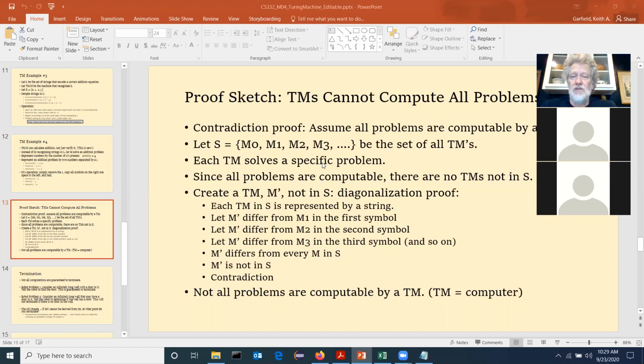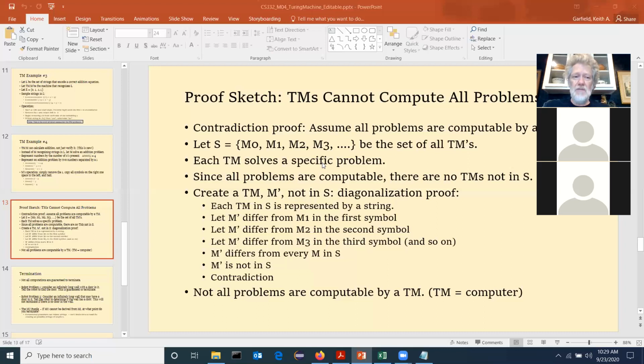And since all the problems are computable, there are no Turing machines outside of the set S. Now here's the trick. It's called a diagonalization proof, technically Cantor's diagonalization proof, because Cantor's the guy, I think, that first developed it. What we're going to do is create a machine that's outside of S, and there becomes the contradiction. There are no machines outside of S. Oh, here's a machine outside of S. There's your contradiction.